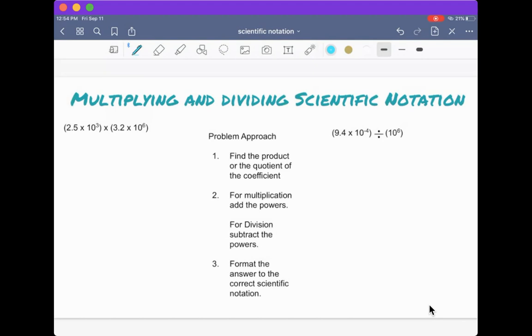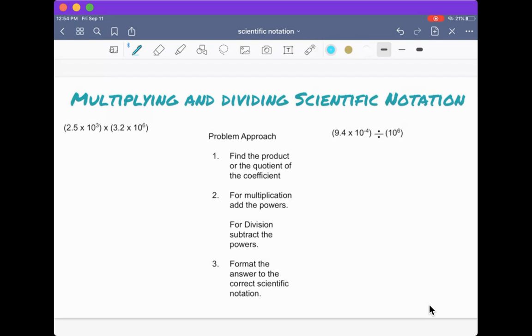I'll be honest, in chemistry, multiplying and dividing is the big one that you need to be able to do. We don't do a whole lot of adding and subtracting in scientific notation. We deal with mostly multiplying and dividing. So you've got to remember which one you're going to add and which one you're going to subtract.